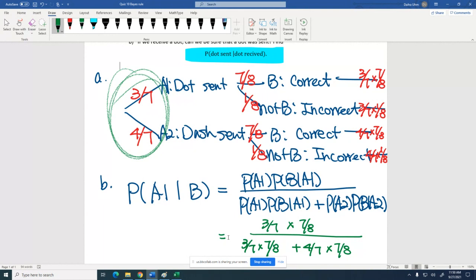Yeah, it's the same. You need the pen? Yeah.